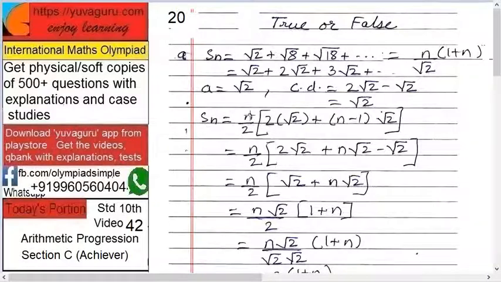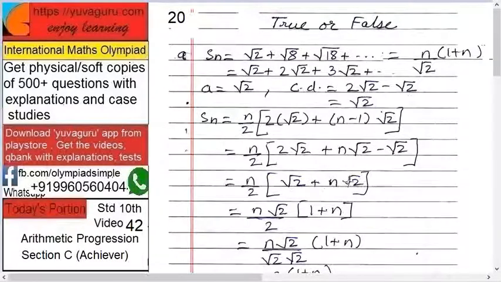Therefore Sn equals what? n upon 2 into 2a plus n minus 1 into d, right? a is root 2, and d is also root 2. Solve this. n upon 2 into 2 root 2 plus n root 2 minus root 2. Getting it? So 2 root 2 minus root 2 is 1 root 2, that is root 2.